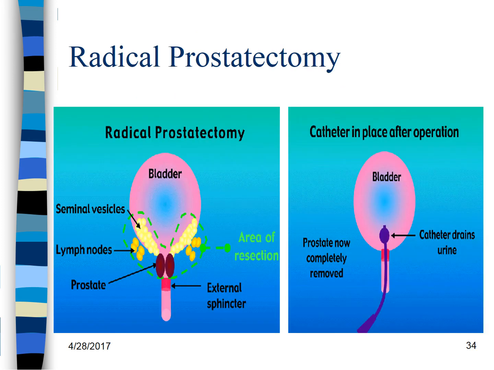With a radical prostatectomy, whenever there's a radical procedure, we're taking out more, right? So they're removing the entire prostate, the lymph nodes around it, and the seminal vesicles. So it is a large area of resection. Once that's done, a catheter is placed that will drain the urine from the bladder.